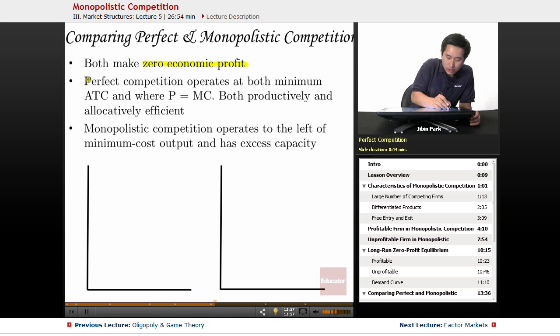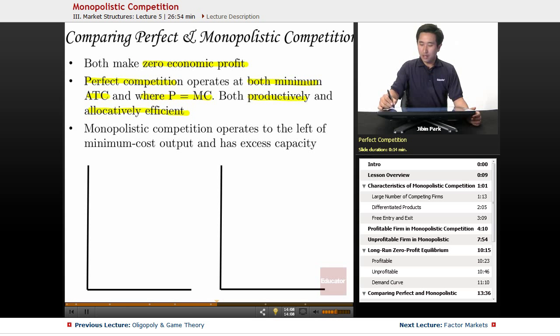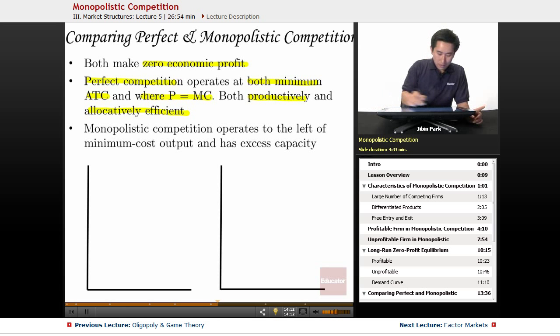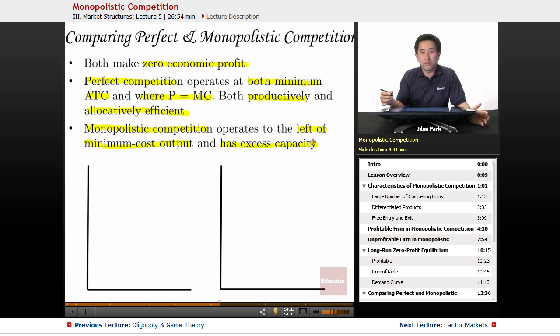In perfect competition, they operate at both minimum ATC and where P equals MC. So you can say that both are productively and allocatively efficient. Okay, that is not the case in monopolistic competition. In monopolistic competition, they operate to the left of the minimum cost output and therefore have excess capacity. And therefore, it is neither allocatively efficient nor is it productively efficient.